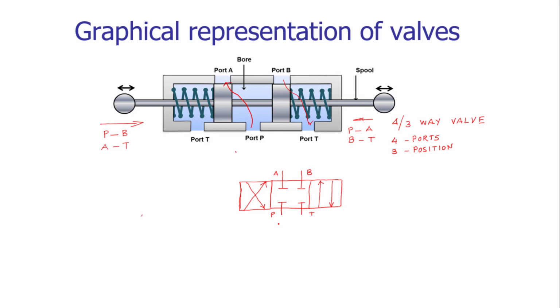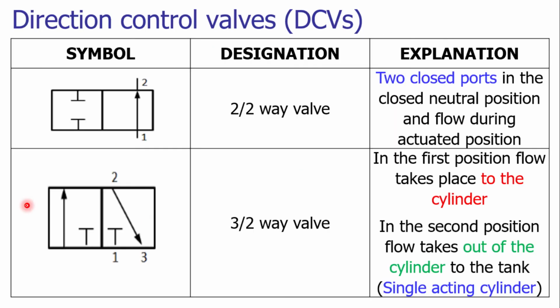Now here you can add the actuation. So let us consider that the valve movements are actuated by the solenoid. By using the solenoid, we are actuating the valves. These are the solenoid actuation. In a similar way, we can represent various DCVs, that is directional control valves.